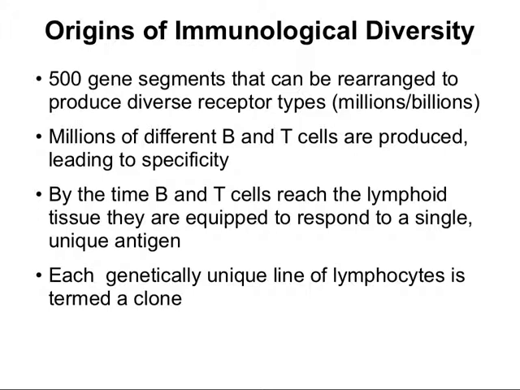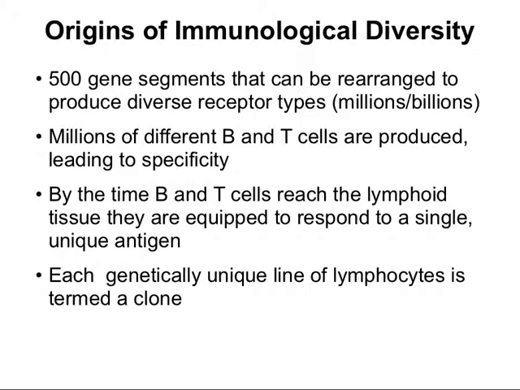How do we get so much diversity in immunological structures? Because each B and T cell is specific to only one antigen. So we need to have millions of different B and T cells, maybe even billions, leading to that sort of specificity.